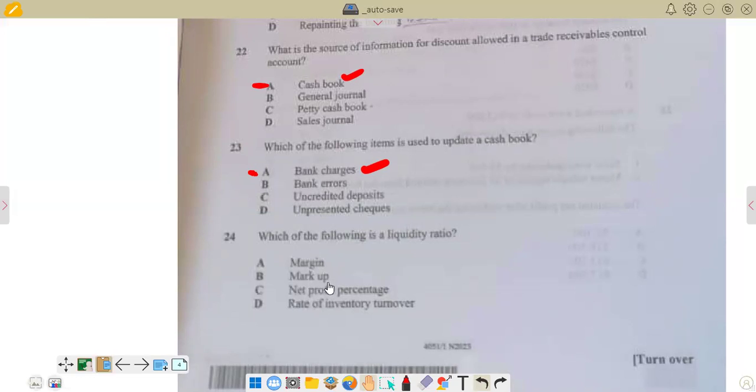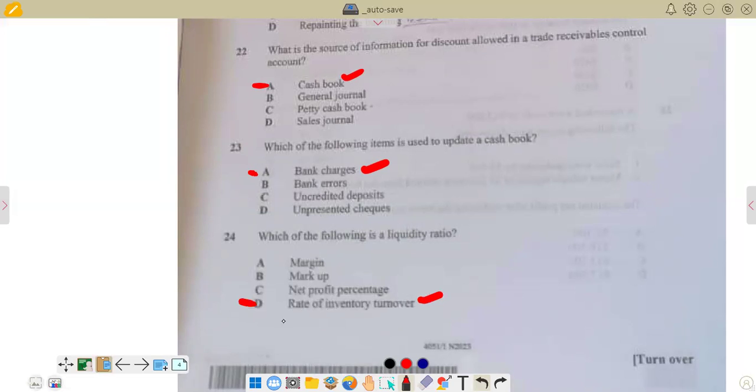The ratio that shows the availability of cash in the business is what we call the liquidity ratio. So we've got D as the most appropriate ratio because of turnover.